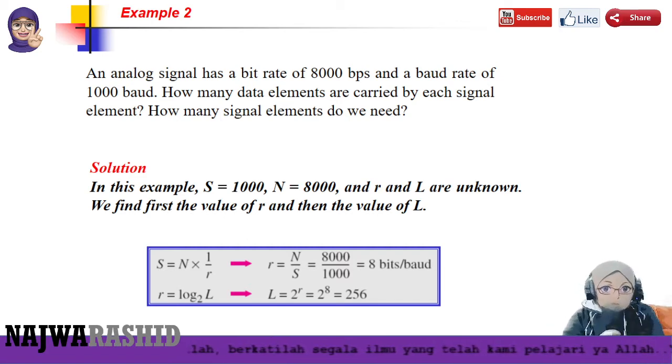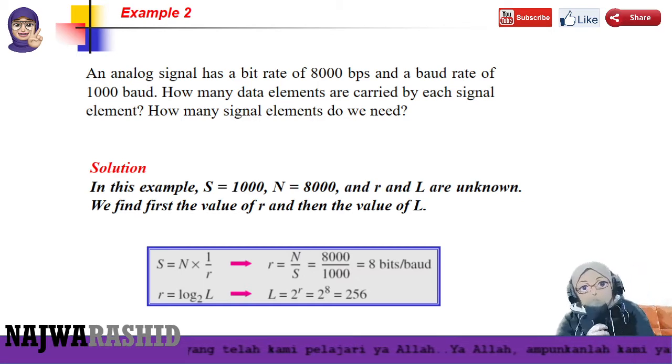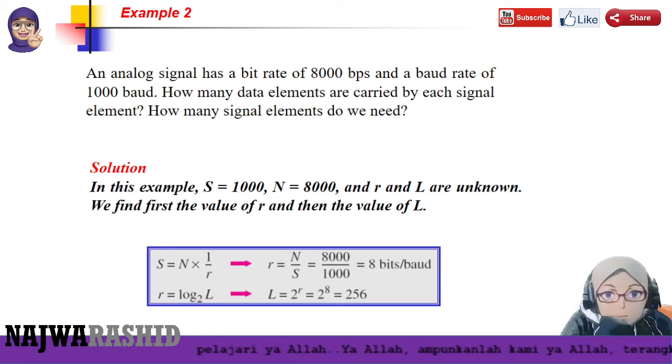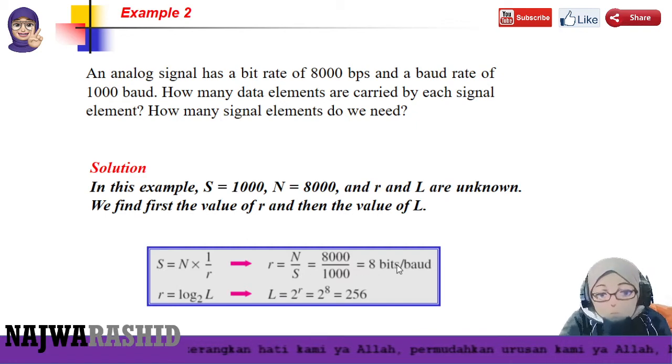So S (1000) equals N (8000) times 1 over R. So you need to find R first. N divided by S, 8000 divided by 1000, is equal to 8 bits per baud. That means one signal element has 8 bits, or 8 data elements.